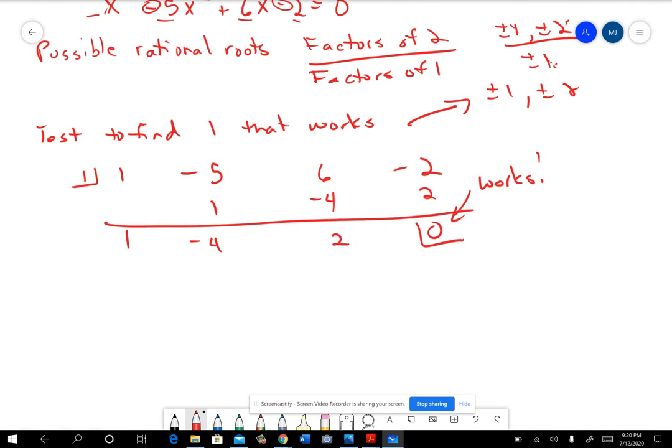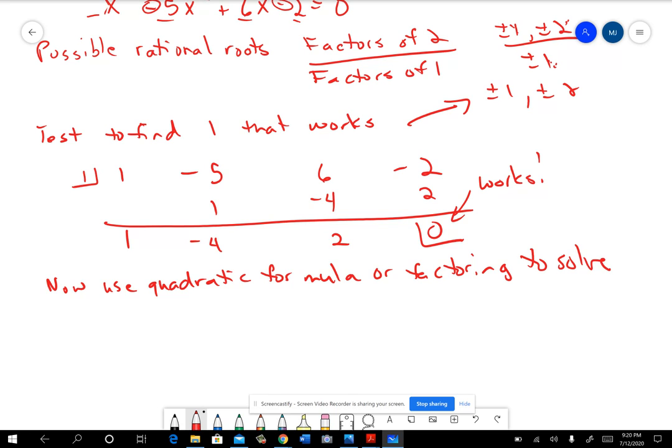Okay. So now I can use the quadratic formula now. I can use the quadratic formula because I'm down to formula or factoring, to solve x squared minus 4x plus 2 equals 0. See how that's an A, a B, and a C?